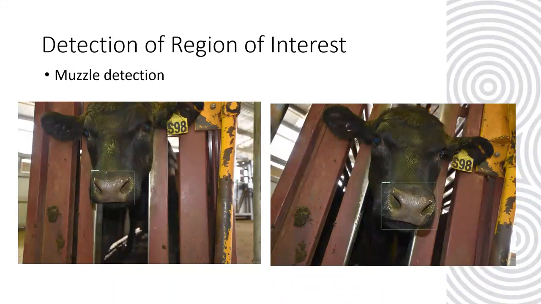Why we need to detect the muzzle is that we have to focus the deep learning model to take the relevant or distinctive information from only the muzzle part, because we are focusing the cattle identification on the muzzle of the cattle.